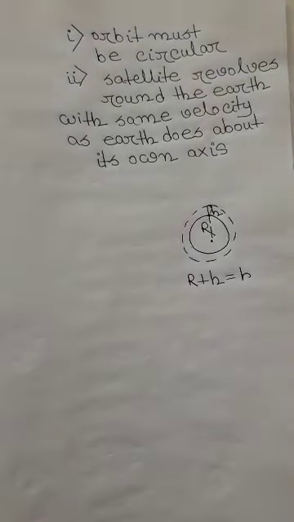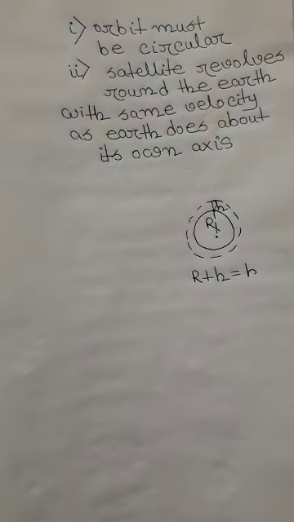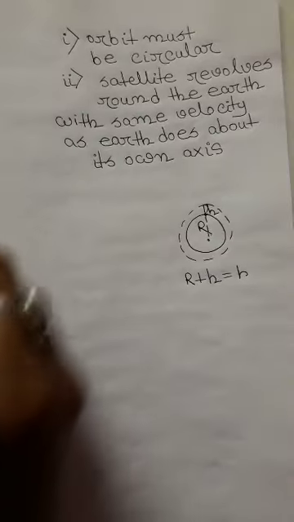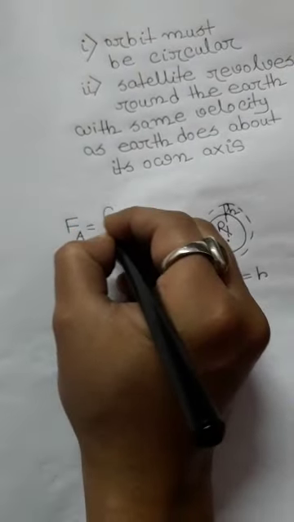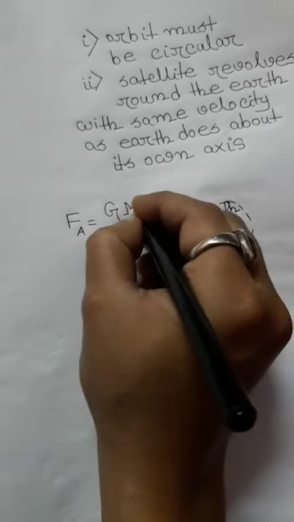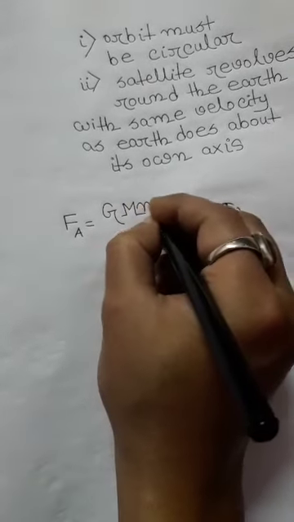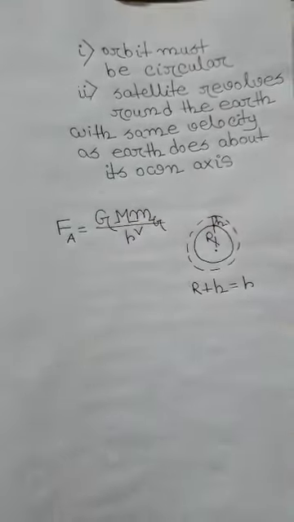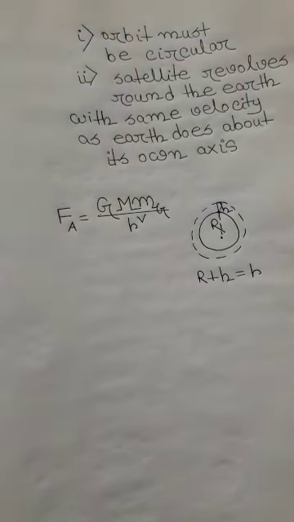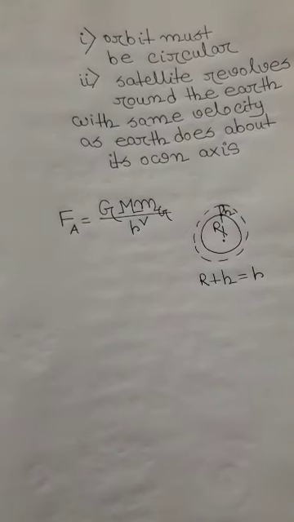So what will be the force of attraction between the geostationary satellite and the Earth? We all know that force of attraction will be G into mass of Earth, that is capital M, and mass of geostationary satellite, that is m, upon r square. This is the force of attraction between the Earth and the geostationary satellite.